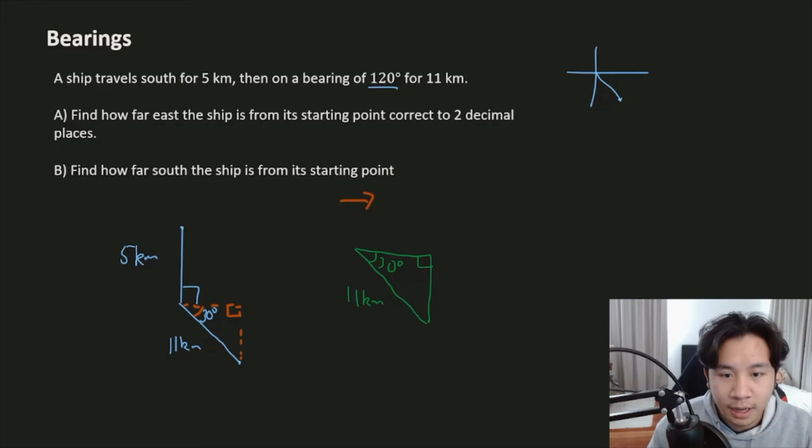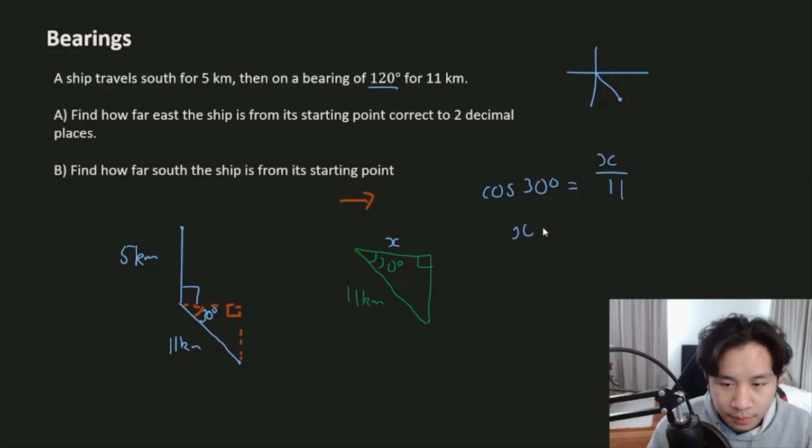And I'm trying to find how far east. So this thing right here, let's call it X for now. And if you remember from trig ratios, this is a cos problem. So I can use cos 30 degrees equals adjacent, which is X, over hypotenuse, which is 11.